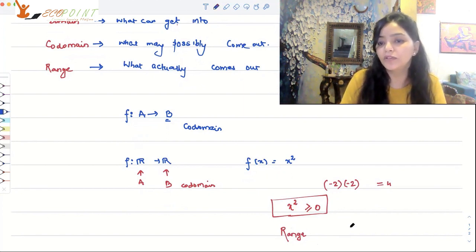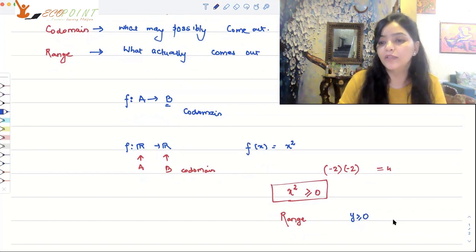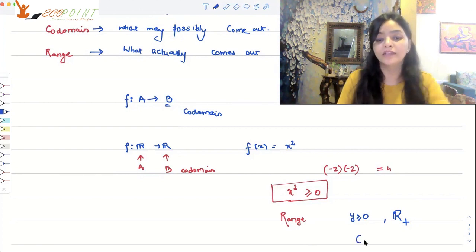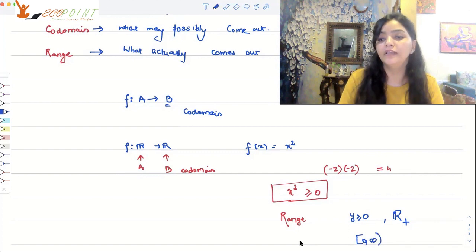So hence you will be able to tell what the range for this function would be. The range for this function would be all the y's that are greater than or equal to 0. In other words, the range is a set called R plus. R plus means you're only talking about positive real numbers, including 0. Or in terms of interval, you can say that 0 to infinity, everything is a part of the range.